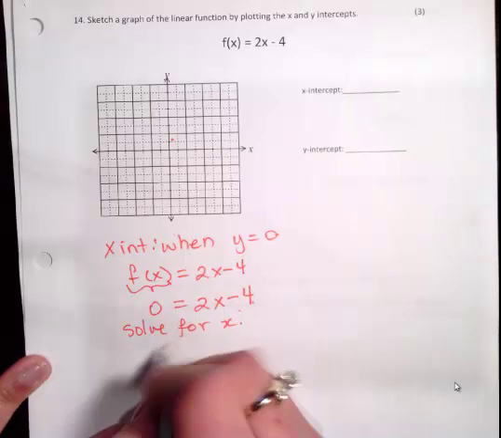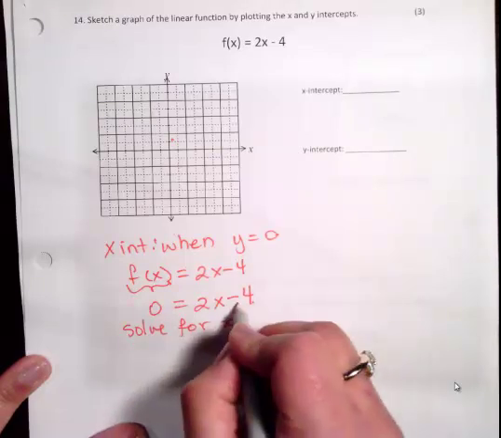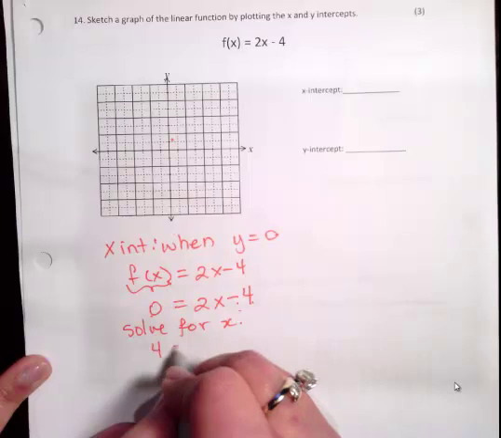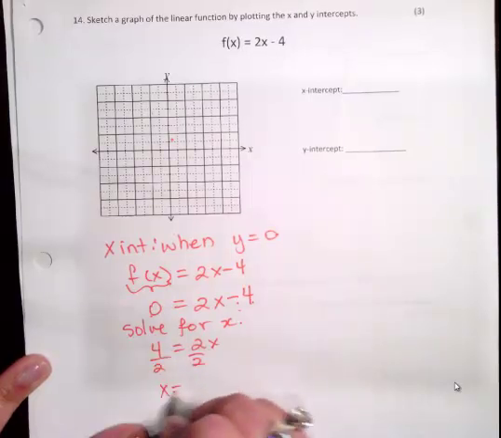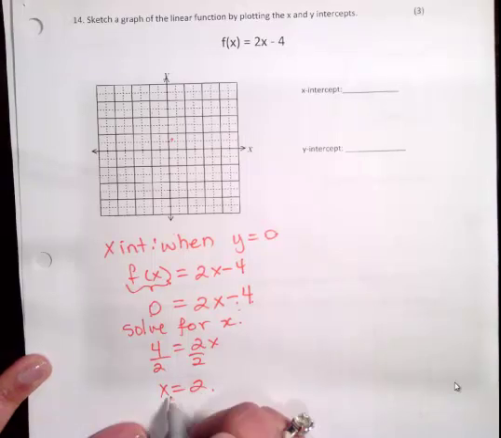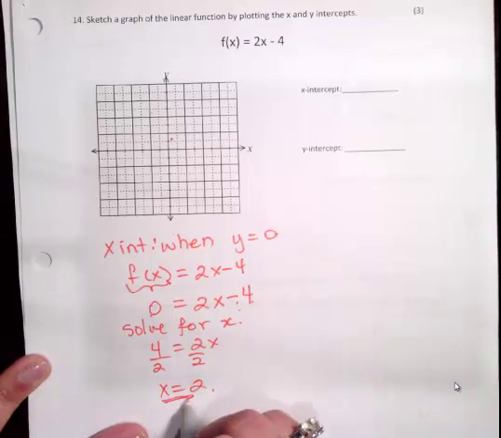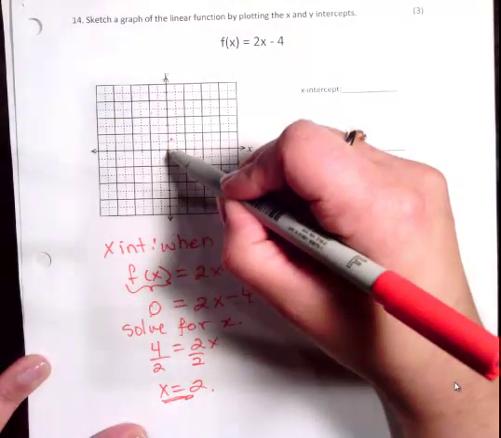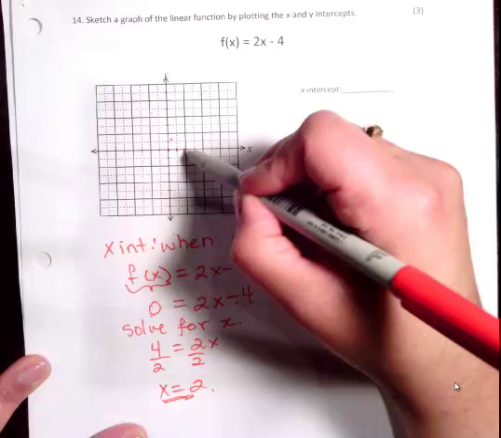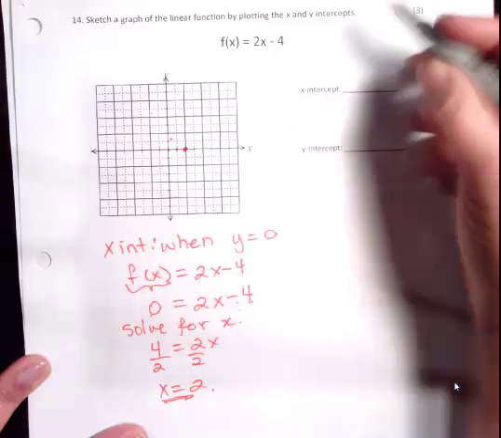So add 4 on both sides, so we have 4 equals 2x, divide by 2, and we've got x equals 2. So our x-intercept is at x equals 2, so find that on your graph. So this is 0, 1, 2, so let's call that 2. We'll put a big dot right there.